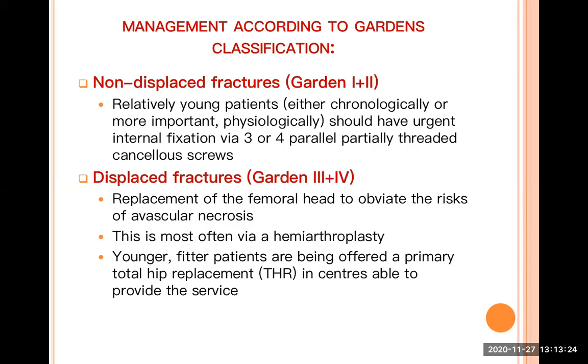And after a few years, definitely there will be the development of osteoarthritis or degenerative joint disease. So why take that chance, if they can go for total hip replacement right now? So that is the explanation for choosing total hip replacement even in younger and fitter patients.